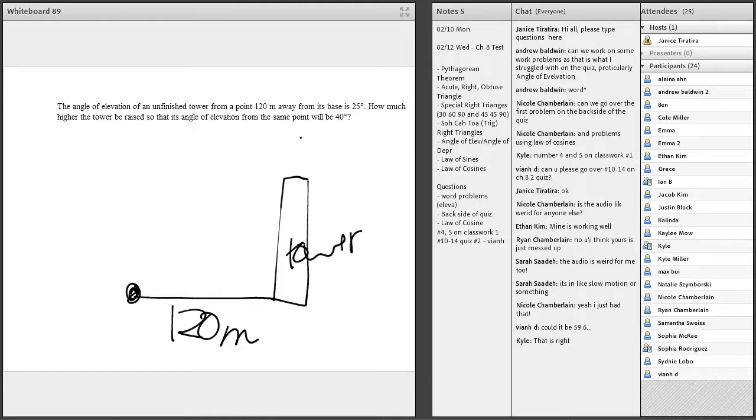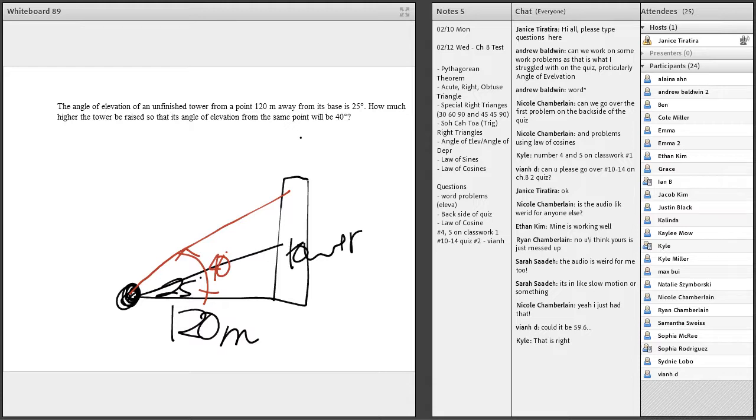From its base is 25 degrees. Okay, so from here to here, let's say, is 25 degrees. And this is unfinished, so this keeps growing. How much higher must the tower be raised so that the angle of elevation from the same point would be 40 degrees? So we want this red to be 40 degrees.